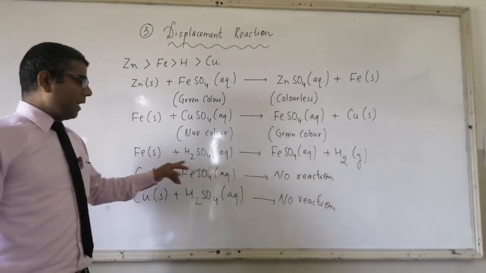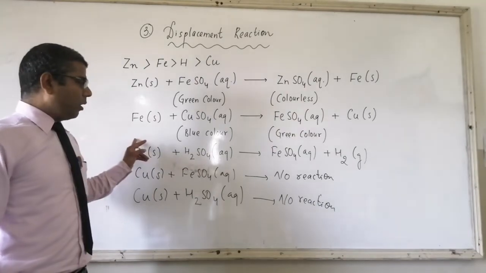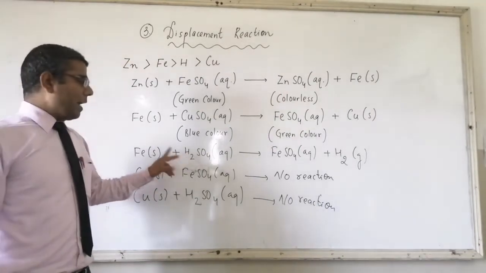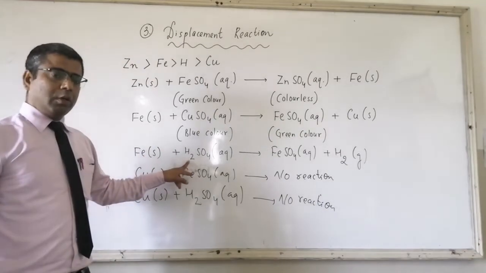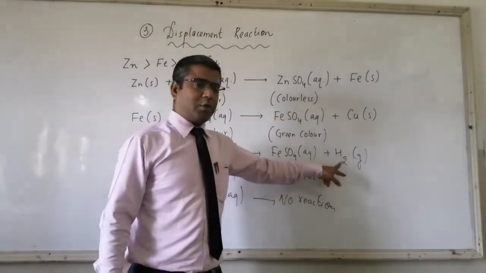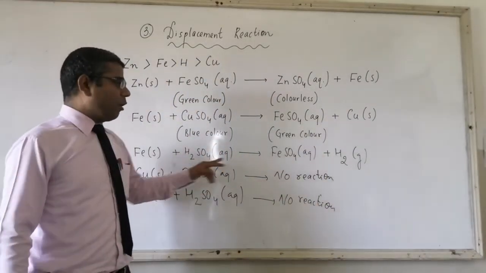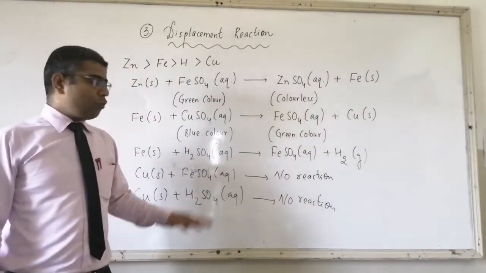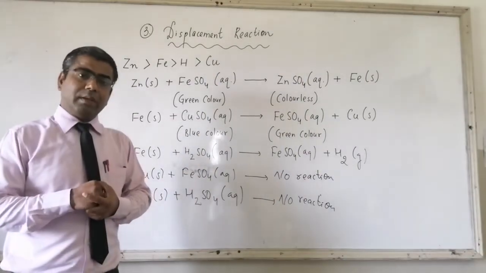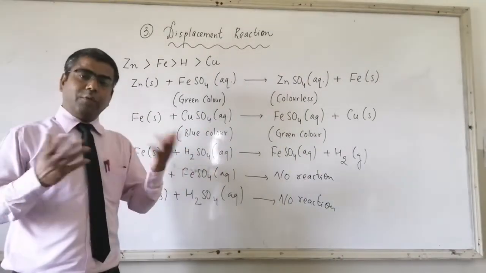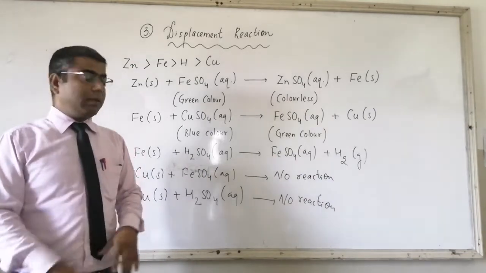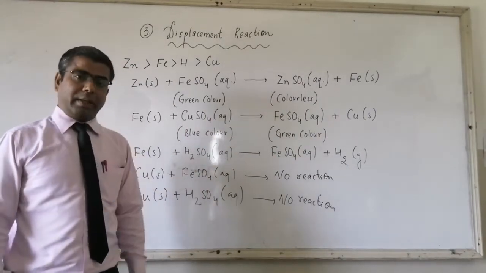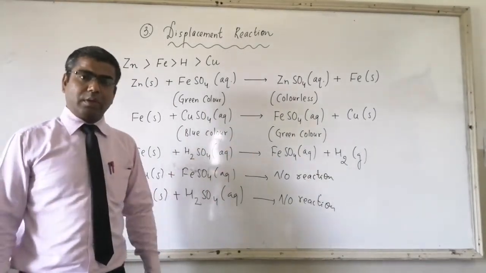So iron with H2SO4, iron being more reactive than hydrogen, Fe will displace H from here. So H will be replaced in the form of H2 gas, and Fe with sulfate forms FeSO4. H2SO4 is a colorless solution. FeSO4 will form green color. So again, colorless solution will be converted to green color solution.